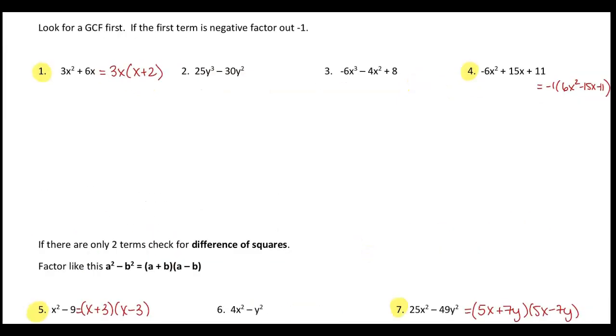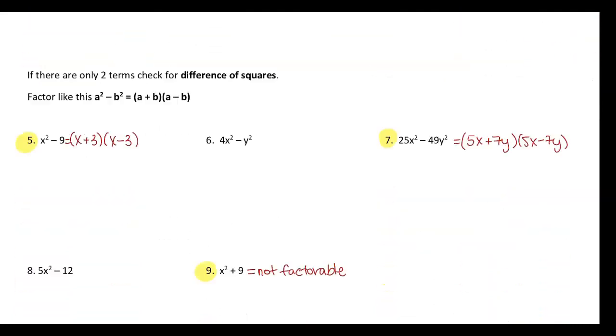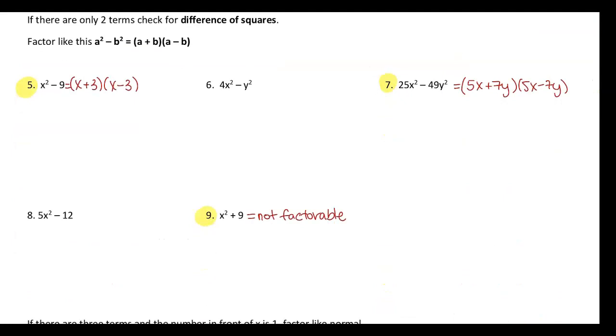In the first two, we have the following answers: 3x times x plus 2, and then negative 1 times 6x squared minus 15x minus 11. We have the next section here, x plus 3, x minus 3 for the question 5. Question 7 is 5x plus 7y, 5x minus 7y.